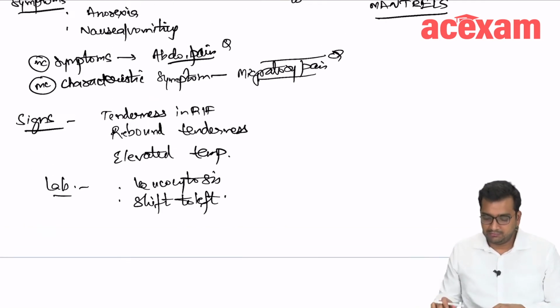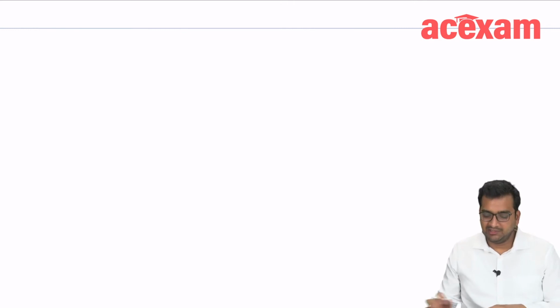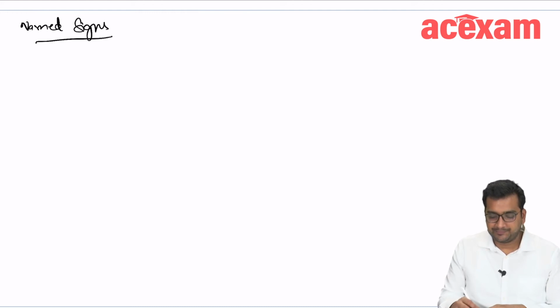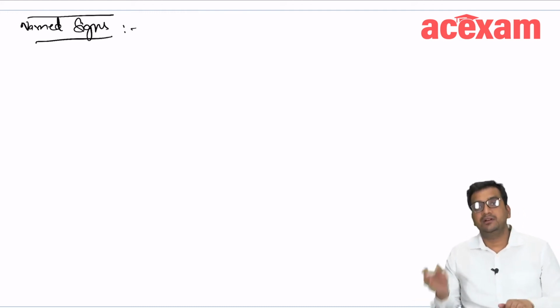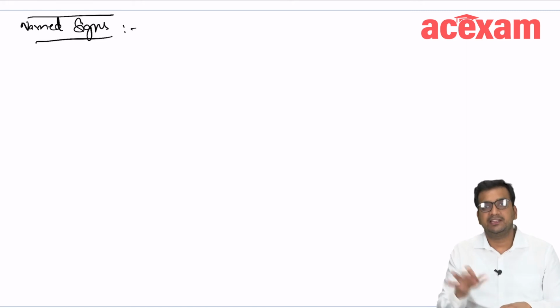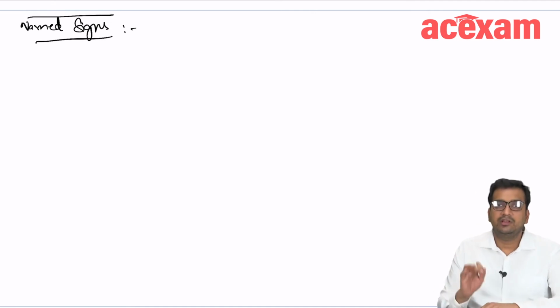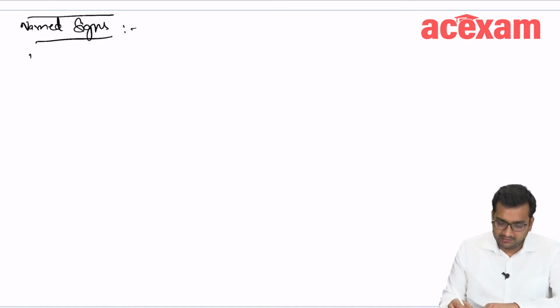Okay. Now, there are many named signs in acute appendicitis. I'll first enumerate them, then explain them to you, and then I'll discuss them one by one. Okay. So, all the named signs I'll first write.